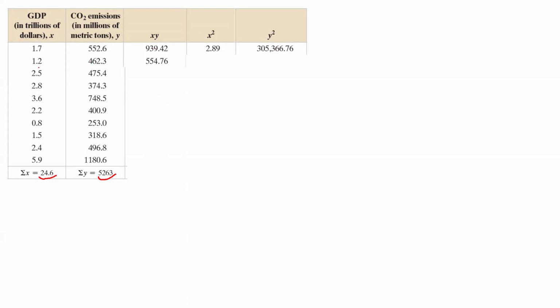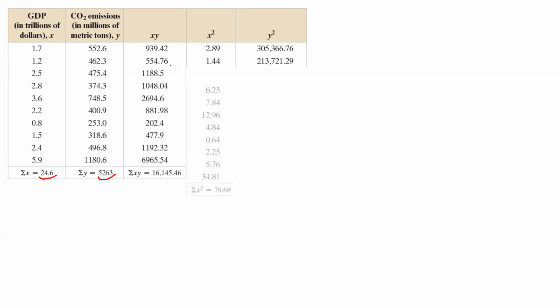Multiply X and Y together, 1.2 times 462.3 gives you 554.76. If you multiply X by itself, you get 1.44. If you multiply Y by itself, you get 213,721.29. Continue this process for the rest of the data.